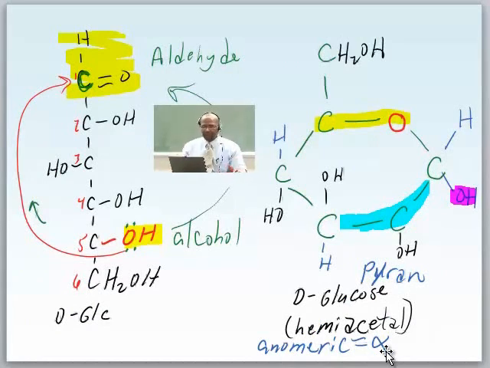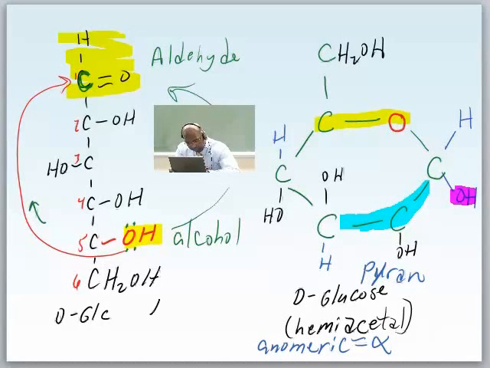I'm going to give you all 3 seconds to think about it. 1, 2, 3. Has anyone figured out how to name this? Yes. Okay, we're going to go with Chapman. Alpha D fructopyranose. That would be right, but we have glucose here. Okay, let's go here with Kennedy. Alpha D glucopyranose, and that is correct.